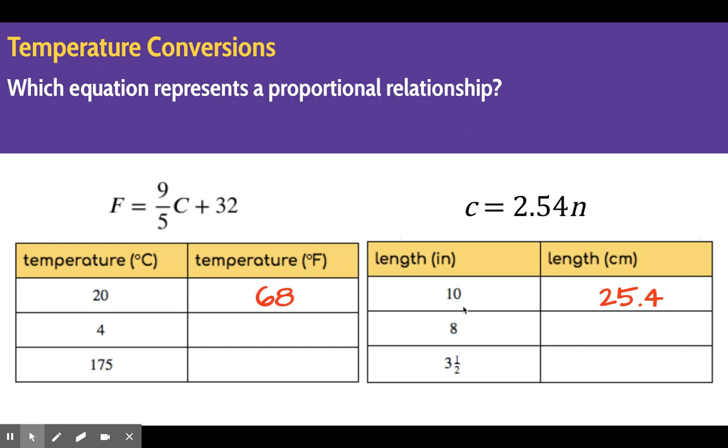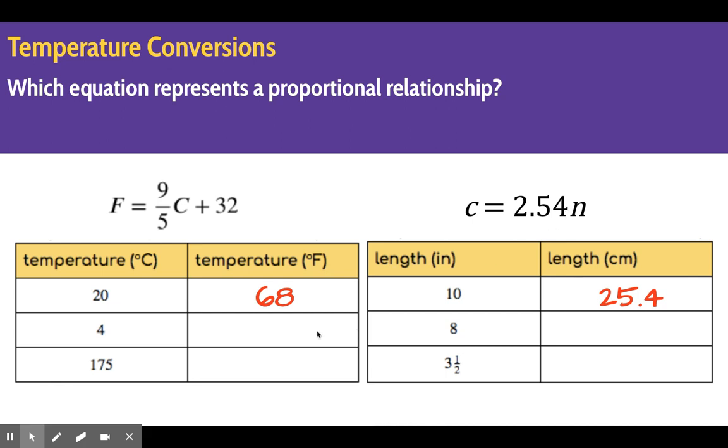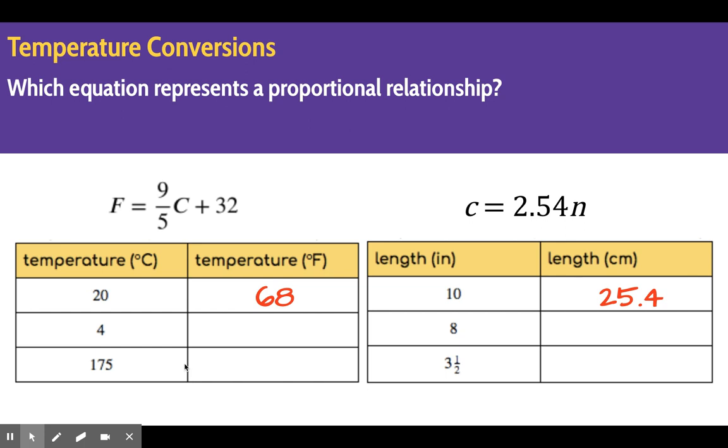Perfect. So all I'm going to do now is we're going to take another minute to figure out the rest of these values. So I'm going to substitute in 8. I'm going to do 2.54 times 8, and then 2.54 times 3.5. So hopefully you were able to get those calculations.